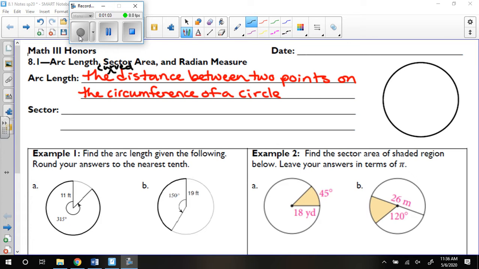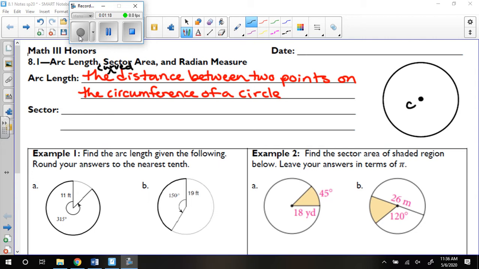It's not a straight distance. It goes along the circumference of the circle. It just follows it.